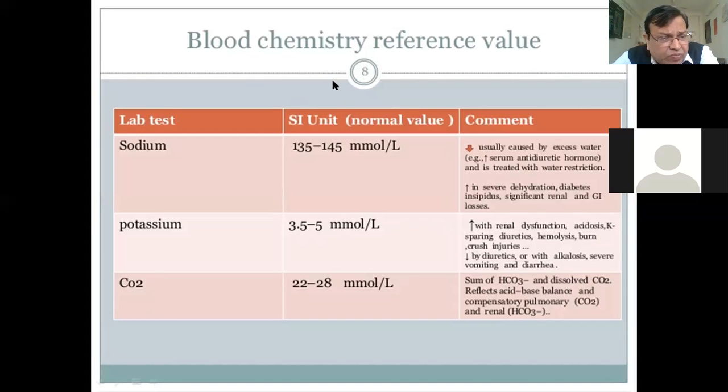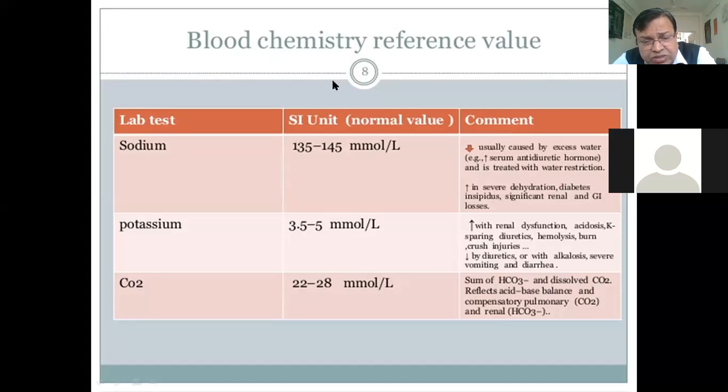Similarly, the potassium value is 3.5 to 5 millimole per liter, and its concentration is increased with renal dysfunction, acidosis, potassium-sparing diuretics, or hemolysis in burn conditions and crush injury.